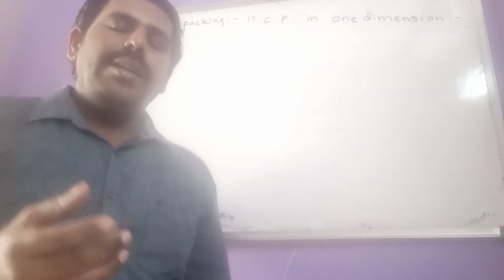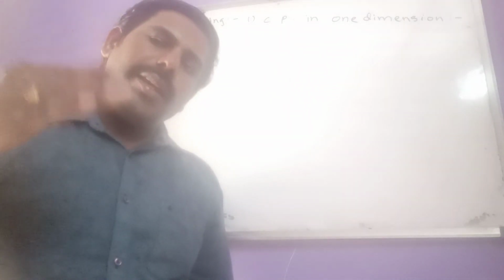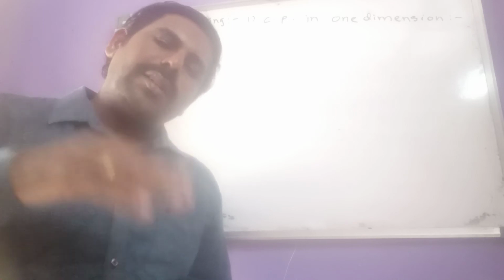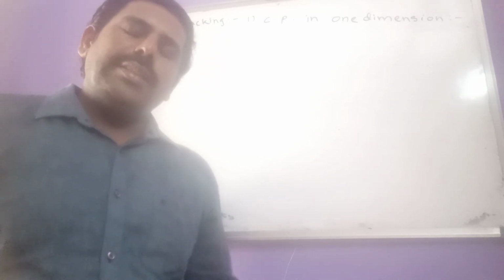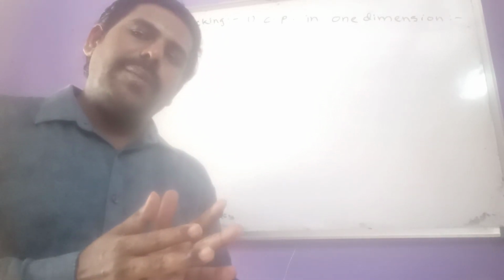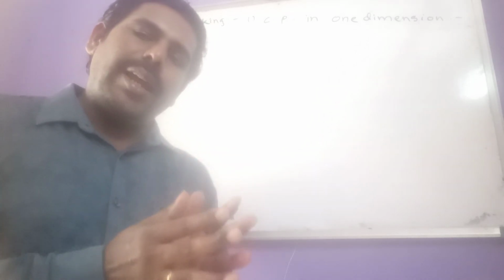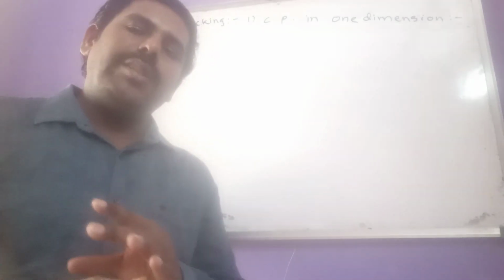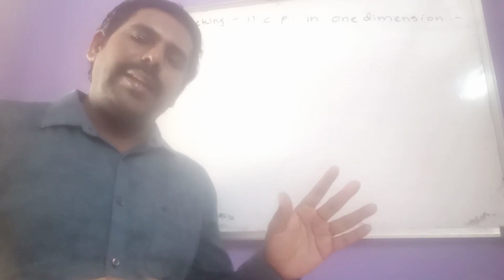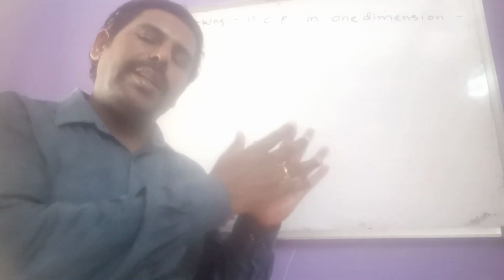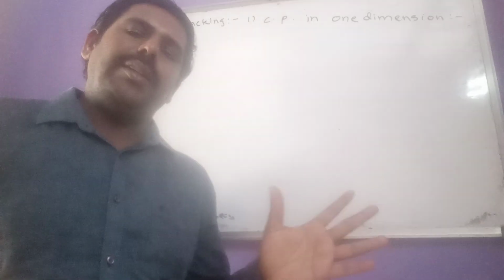Okay, then if the third layer is placed by covering octahedral voids, that third layer may not resemble either the first layer or the second layer, so it should be named C. Therefore the pattern formed is ABC ABC ABC type of pattern.